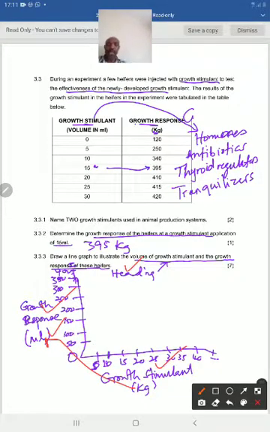The 5th mark is just the graph. At 0, you have 120. 120 is around there. At 5, 250, 255. And 250 is there. 10 and 340, 10 and 340 is around there.